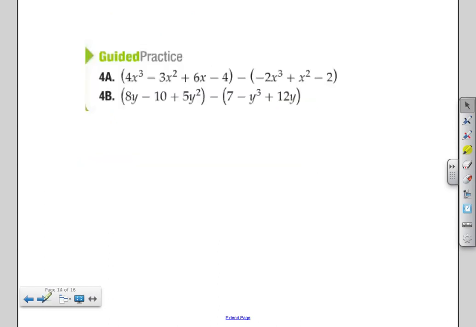Here's your guided practice. 4a is 4x cubed minus 3x squared plus 6x minus 4, minus, parentheses, negative 2x cubed plus x squared minus 2, end parentheses. B is parentheses 8y minus 10 plus 5y squared, minus parentheses 7 minus y cubed plus 12y, in parentheses.